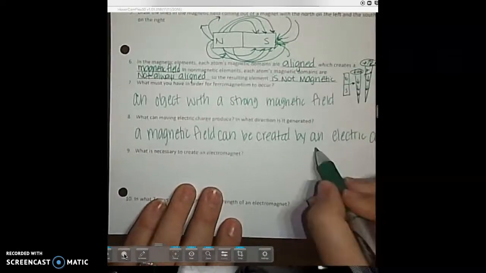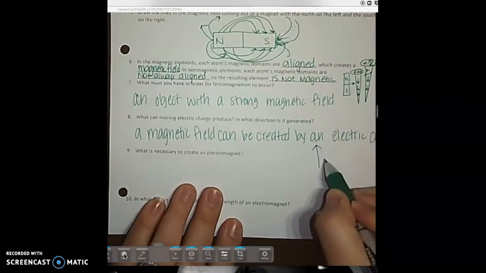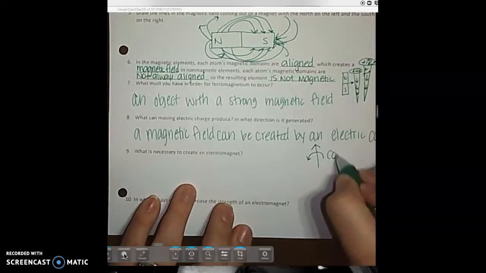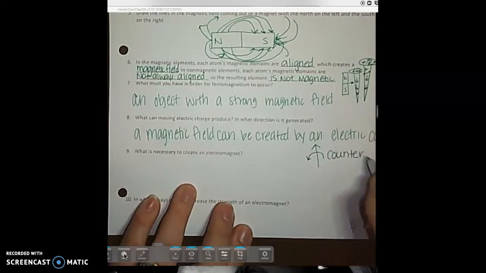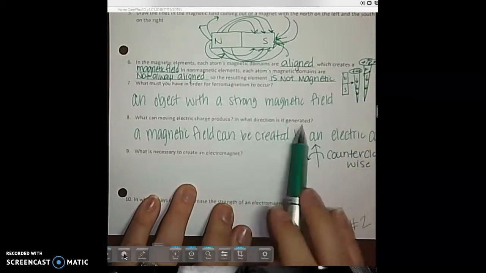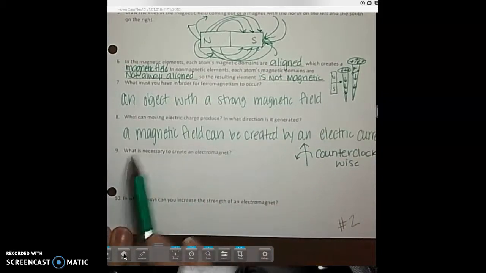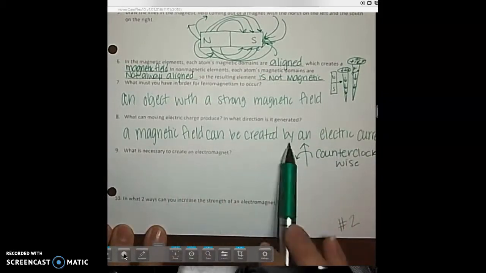And remember, in your notes, it drew the arrow and then it drew the magnetic field going counterclockwise. So counterclockwise is the direction that it's generated. And remember, that was called an electromagnet.